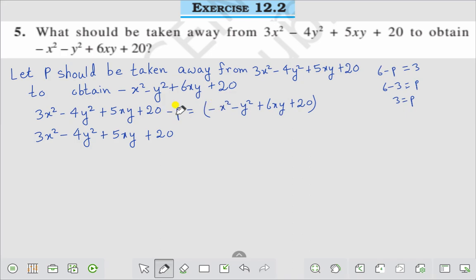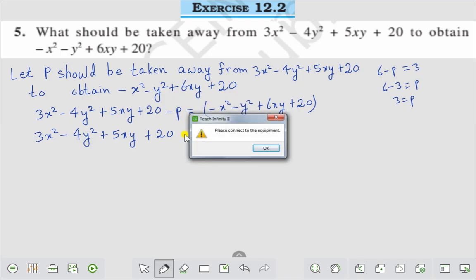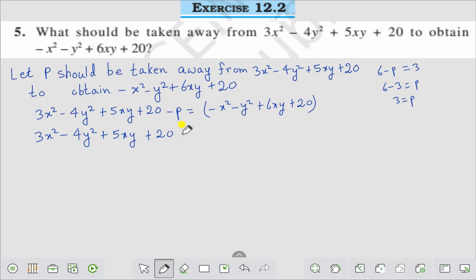We transpose this one on the left hand side and p on the right hand side, it will be minus x square minus y square plus 6xy plus 20 is equal to p.